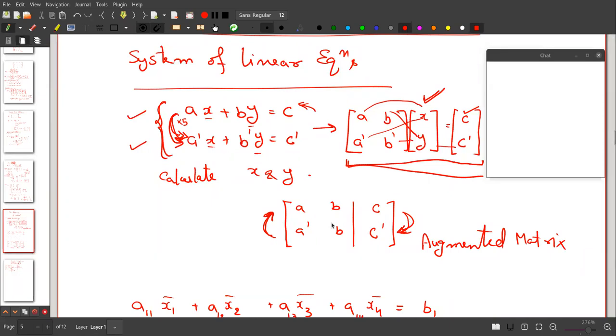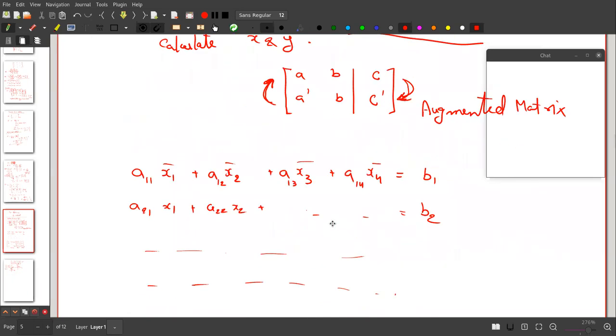So now, a matrix with coefficients on the left hand side and their RHS on the right hand side, and we'll do some row operations. So we can convert a system of linear equations into augmented matrix form, and we will do some row operations on this augmented matrix. Okay, so this was the whole point of this part.